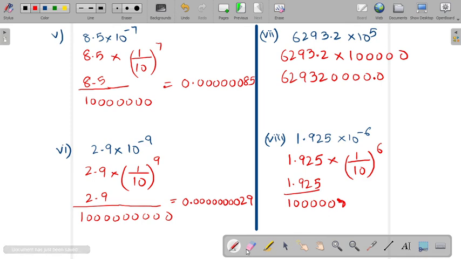So how will you write it in decimal now? In the usual form. Before the decimal, one digit is already there and there are 6 zeros. So you will put 5 zeros and then 1925. So this would be the answer.